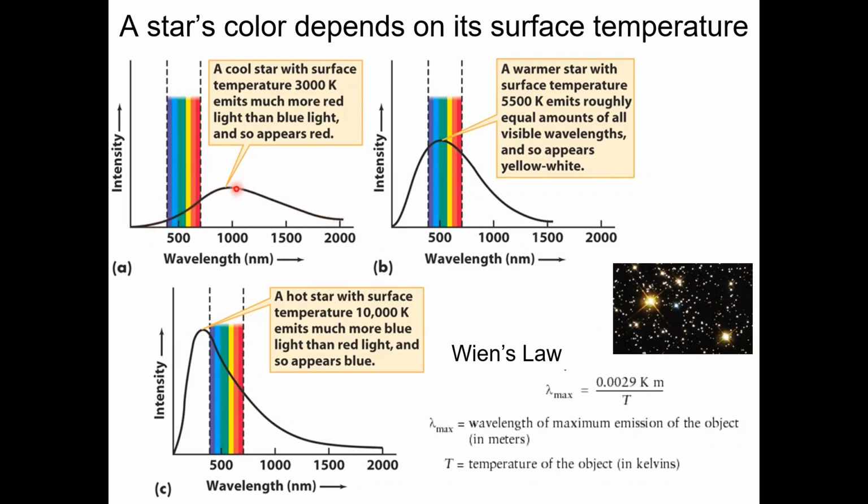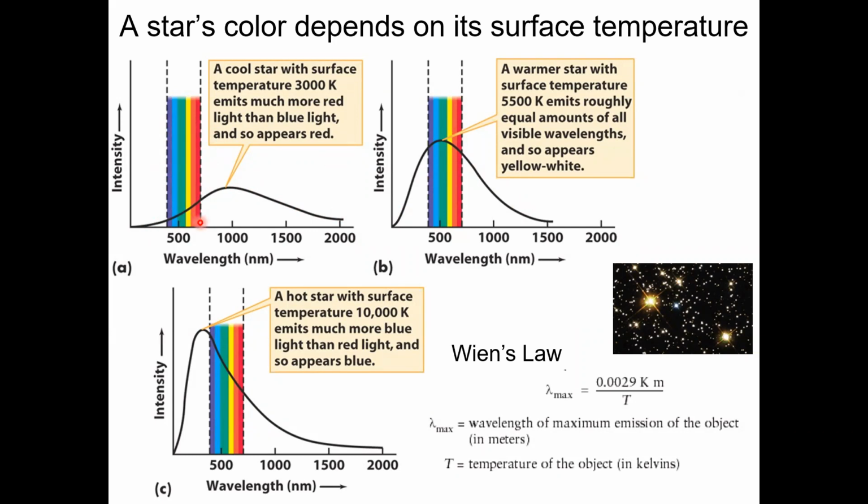You will get something like this, depending on the temperature of that star. So curves are like that. For some stars, it will be like this. Some stars, it will be like that. Some stars, it will be like that. So every star will show a particular emission curve with respect to the visible part of the spectrum.